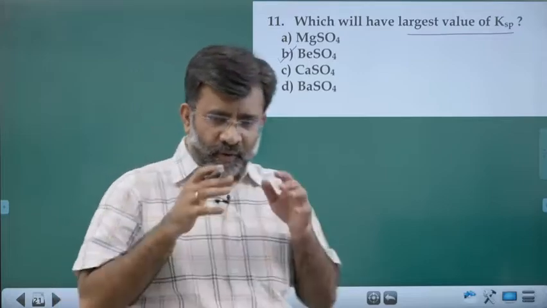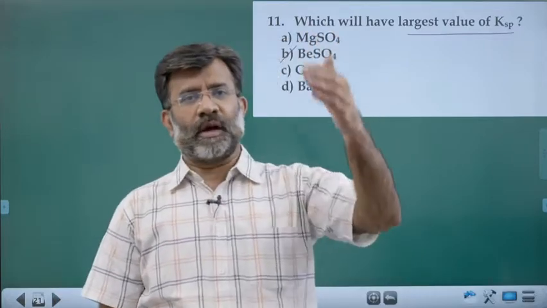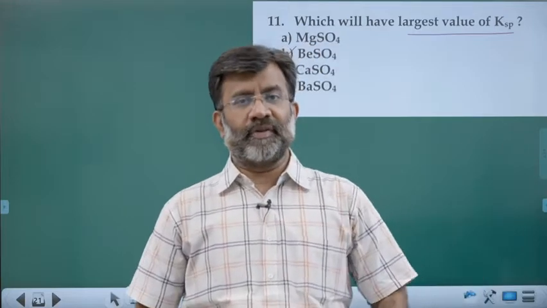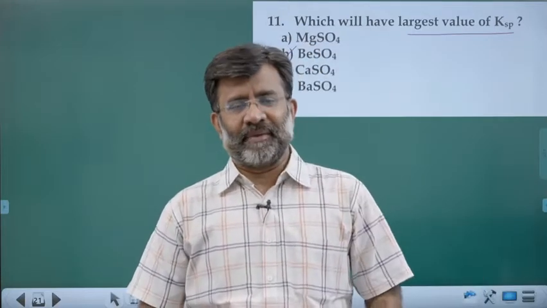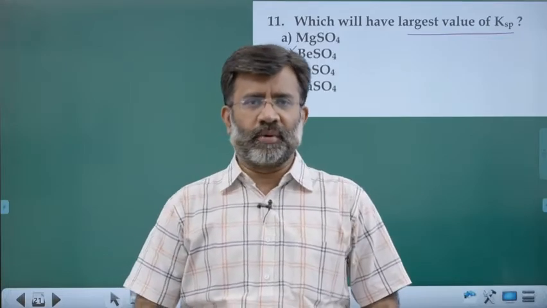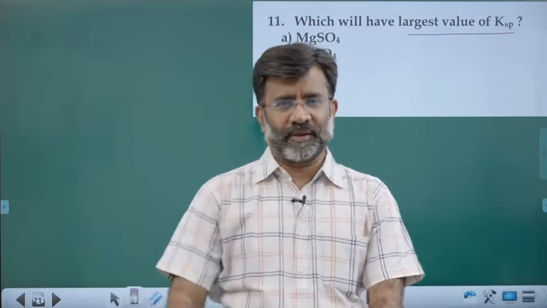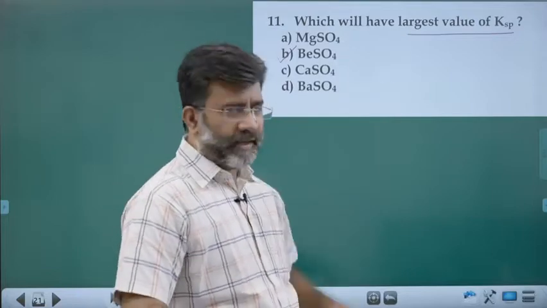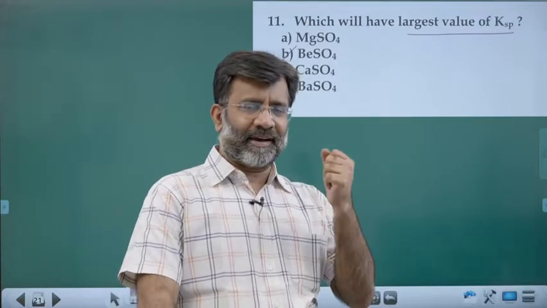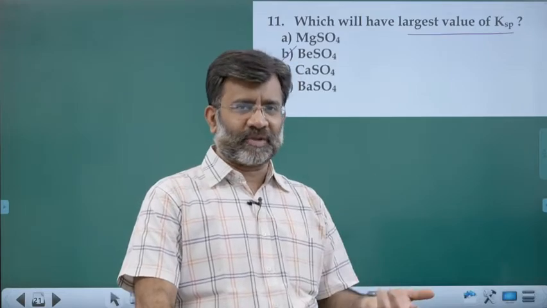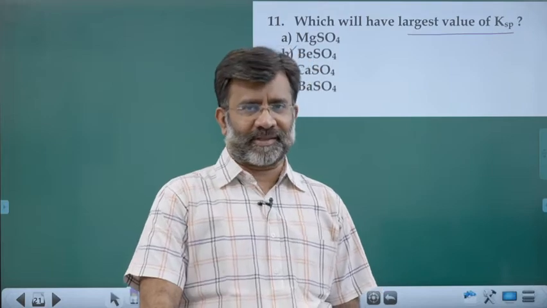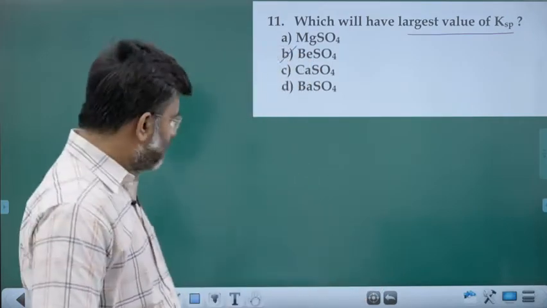Magnesium sulphate dissolves, but as you come down, solubility vanishes. Barium sulphate is insoluble and precipitates as a white precipitate. So largest Ksp means largest solubility, and beryllium sulphate has the largest solubility product constant. Next question.